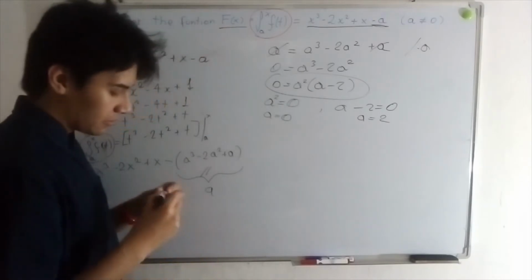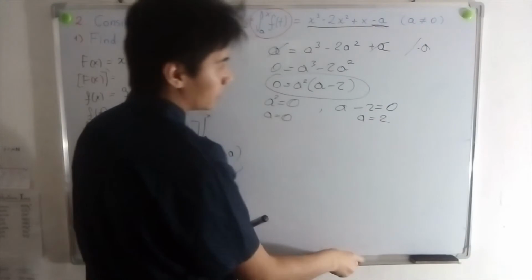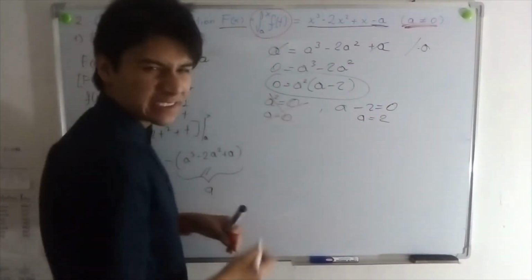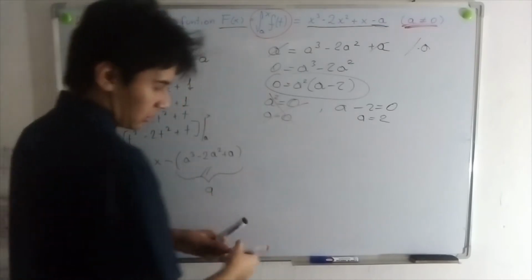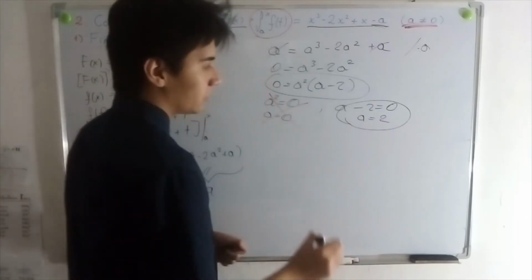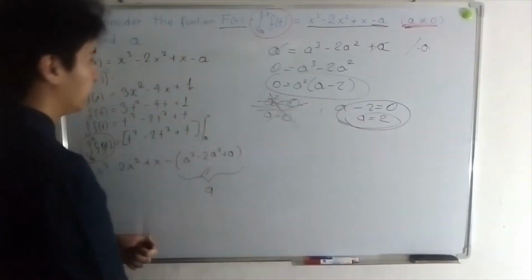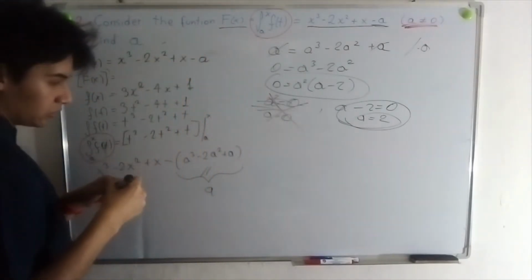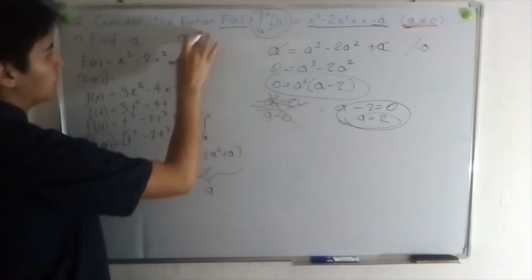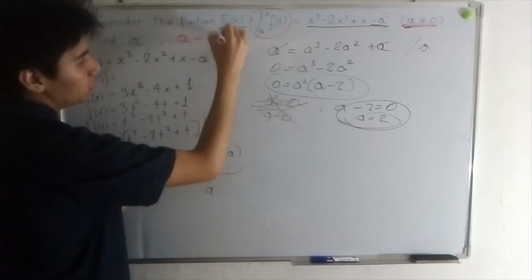But remember, a can't be 0, okay? So that is false. So a is 2, okay? a is 2, because that is false. So the correct answer is a is equal to 2, okay?